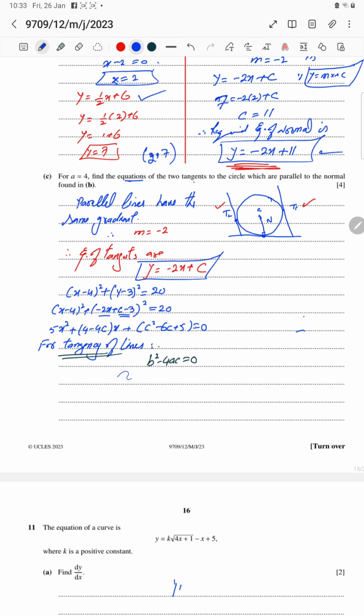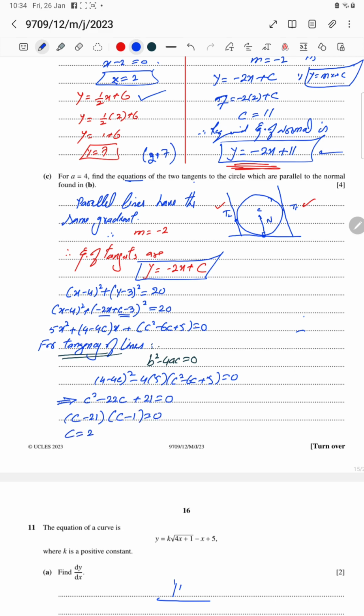So here b square means (4 minus 4c) whole square minus 4 times a times (c square minus 6c plus 5) equal to 0. Further simplifying, expand this first and then simplify it. We will get c square minus 22c plus 21 equal to 0, with factors (c minus 21) and (c minus 1) equal to 0.